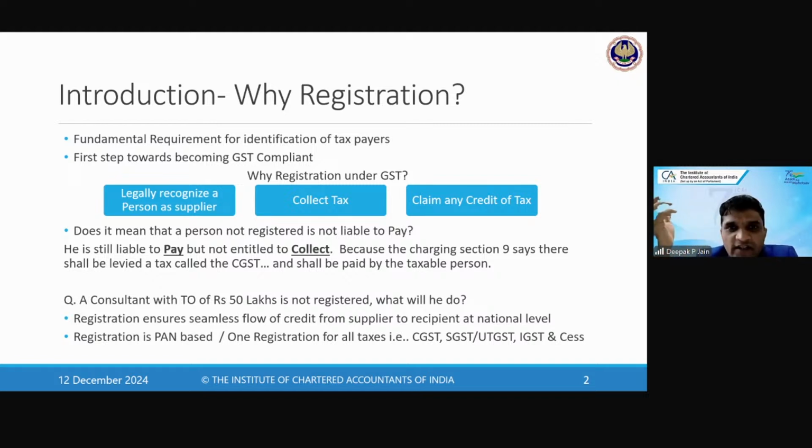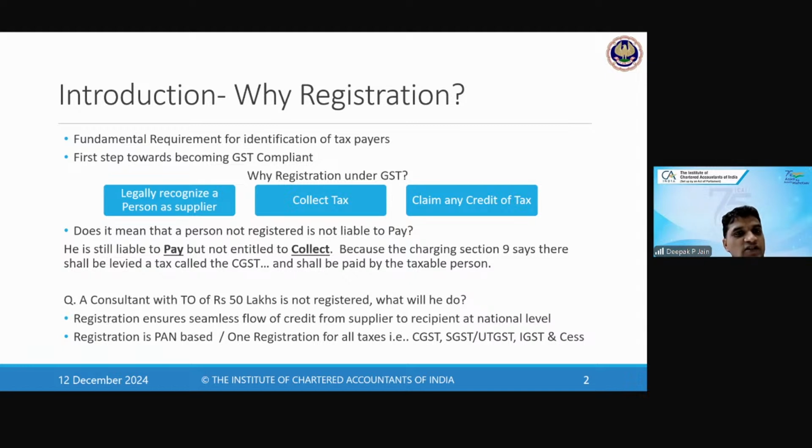Of course, if he's a non-resident, then PAN will not be required, but a resident will always be required to obtain a PAN. If it's a company, the company PAN comes separately. If it's an LLP, the LLP PAN comes separately. So each individual person's PAN is required, and you don't have to take separate registration for CGST, SGST, or IGST. One registration is sufficient for all the acts.